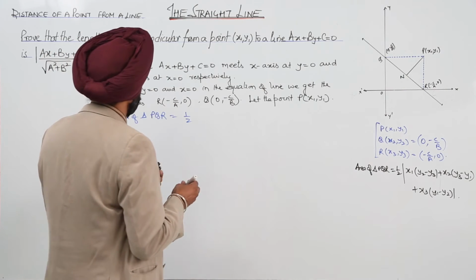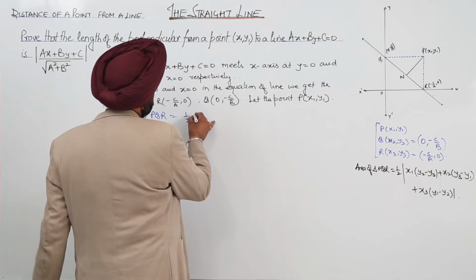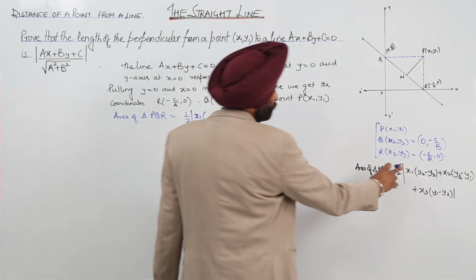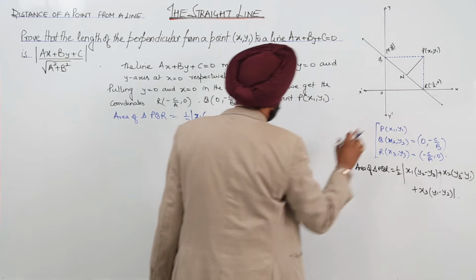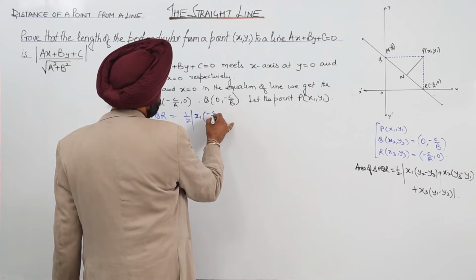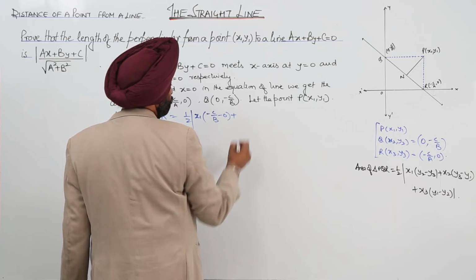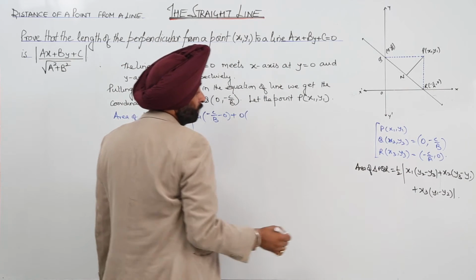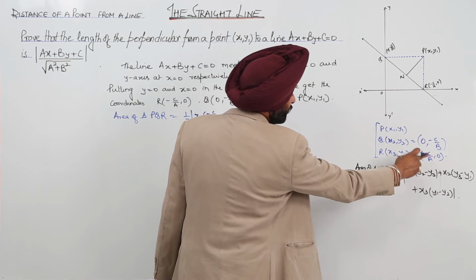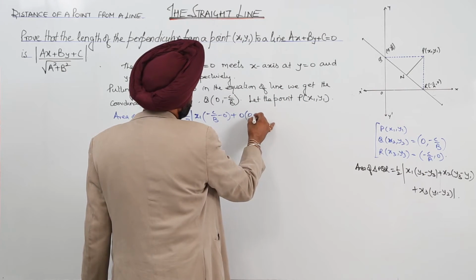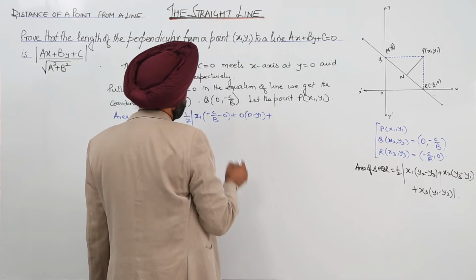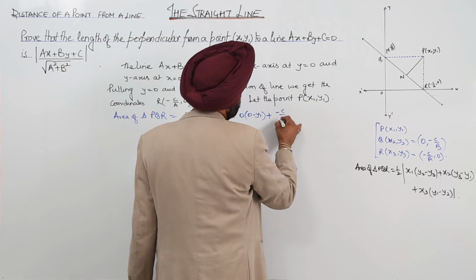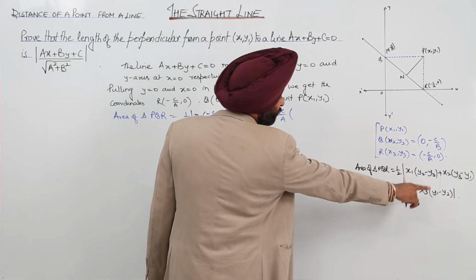Now this becomes half. Now x1 as it is, and now we have to put y2 and y3, negative of c upon b minus 0, plus x2, which is 0, with y3 which is 0 minus y1, plus x3, which is negative of c upon a, with y1 minus y2.